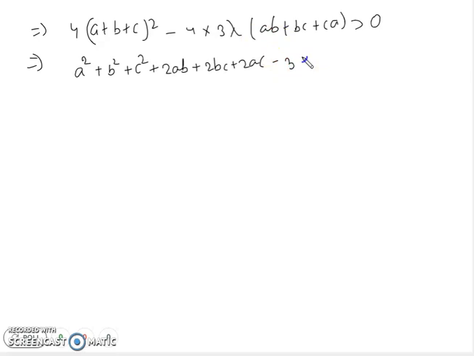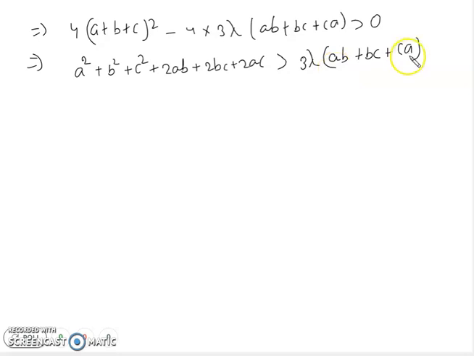Okay, and after this term, we will send this negative term to that side, right? So when we send this term into the RHS, it will become positive, guys, and we can write here 3 lambda (ab plus bc plus ca), right?